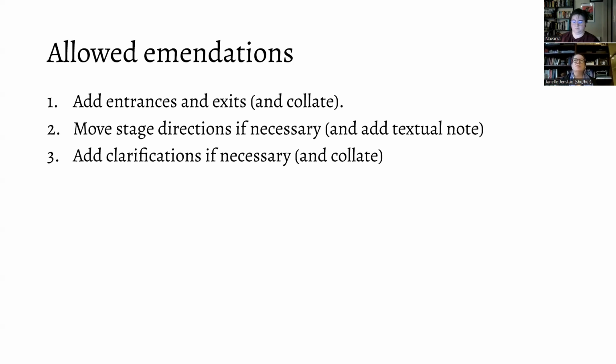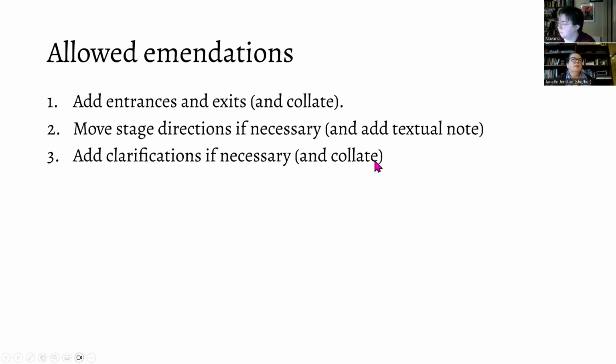So if a character is still speaking, they can't have just exited, for example. You are also entitled, encouraged to add clarifications if necessary, right? So if the stage direction says ladies, you might want to spell out for the modern reader who those ladies are, unless they happen to be unnamed generic lady characters.